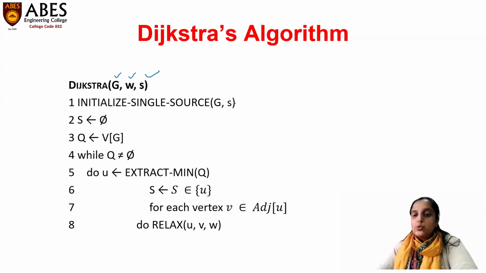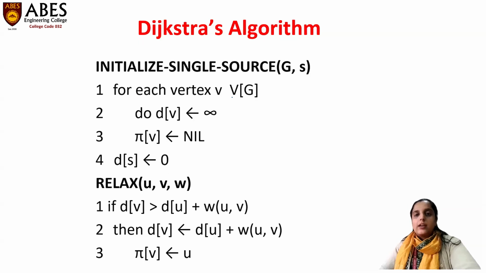After that, we're going to do some basic initializations, and that initialization is calling one function, the initialize single source function. When control comes to this function, it will search for the body of the function, and here it finds the body.